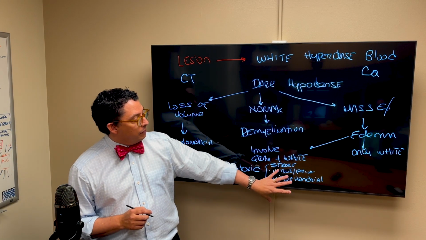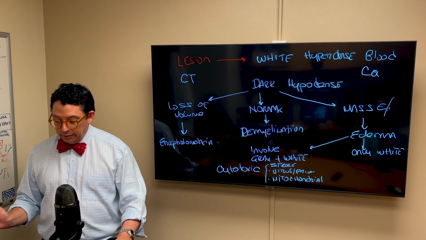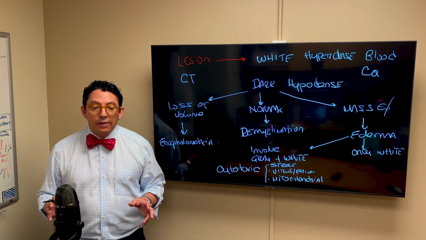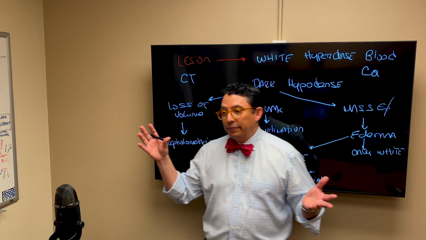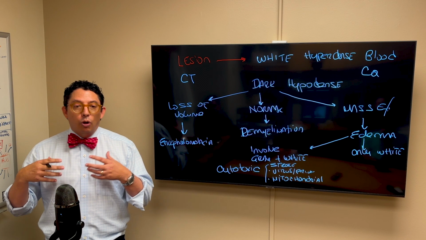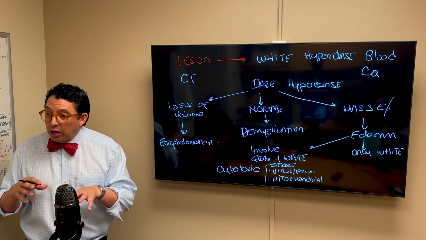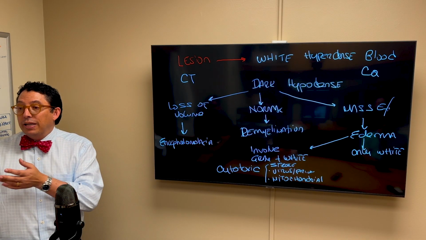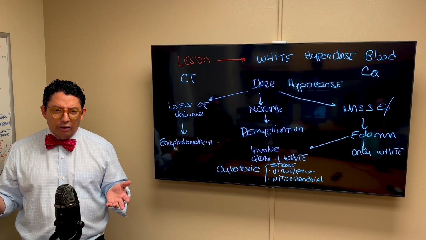Gray-white matter, stroke, viruses, mitochondrial encephalopathies. Now, if it's only the white matter, we live in Houston and we get floods all the time. If you have an excessive amount of water flowing in the extracellular compartment, not the intracellular, intracellular is cytotoxic edema, in the extracellular compartment, it will go and accumulate where you have the most space, and the most space is in the white matter.